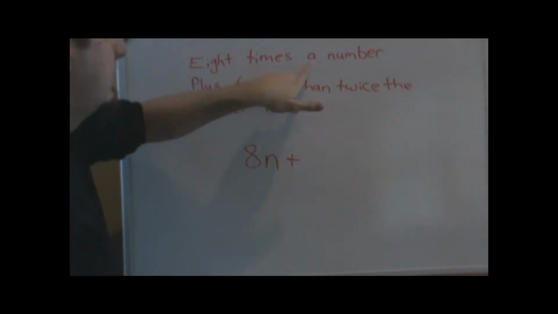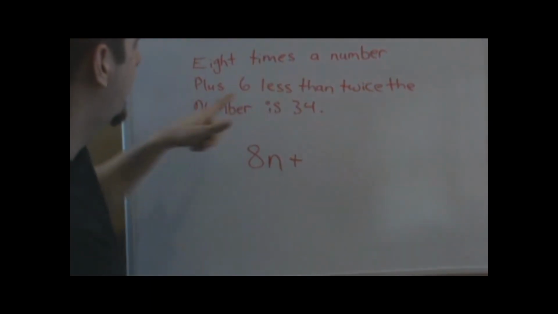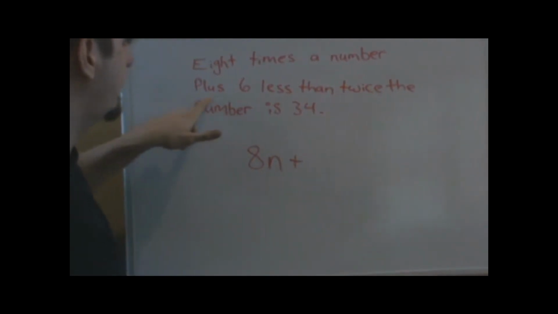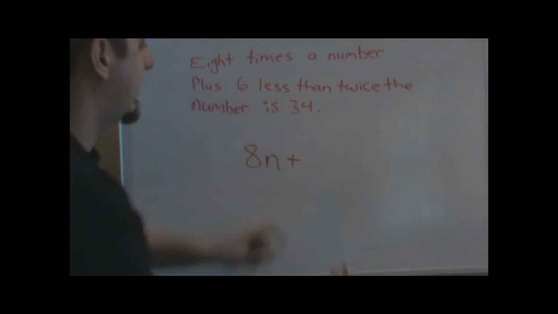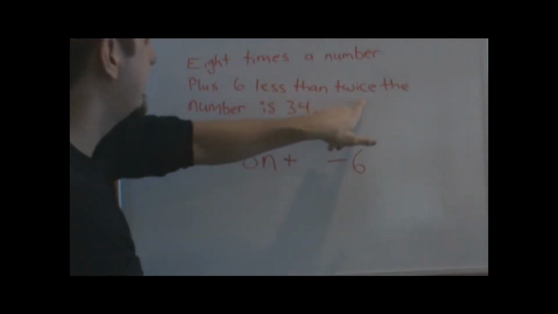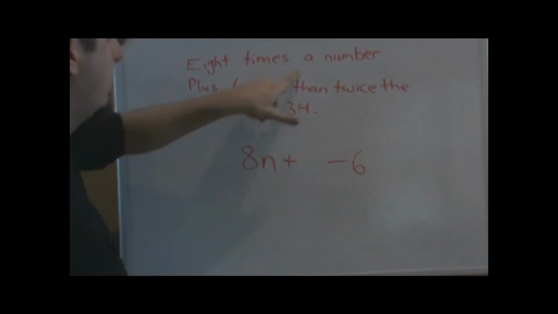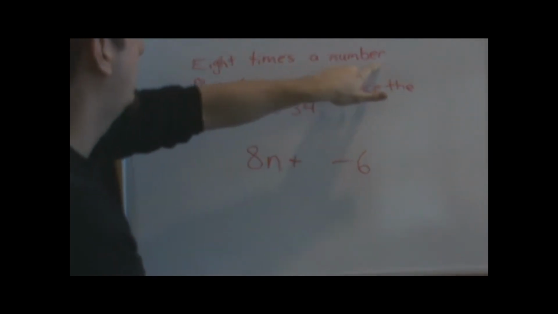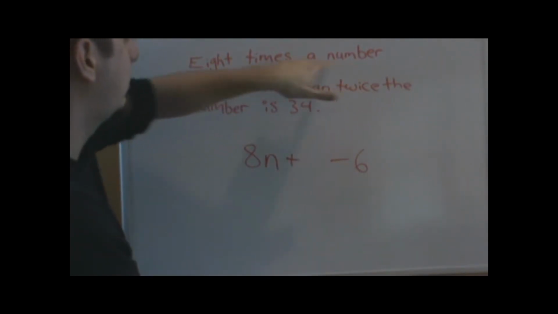8 times a number, 8n, plus 6 less than twice the number. The number, again, is referring to the number that was mentioned up here.